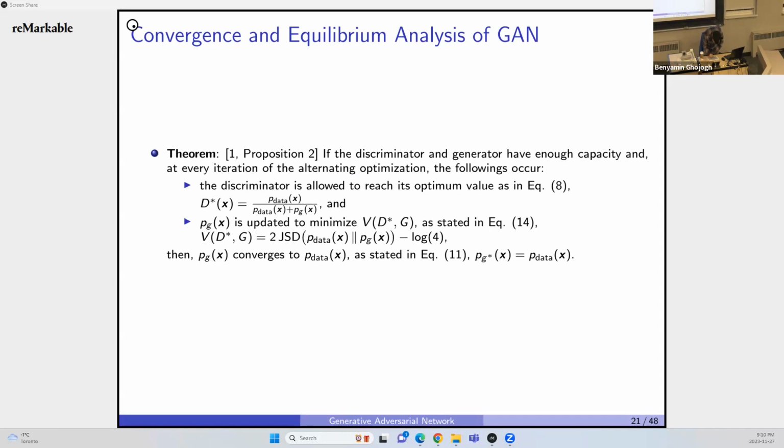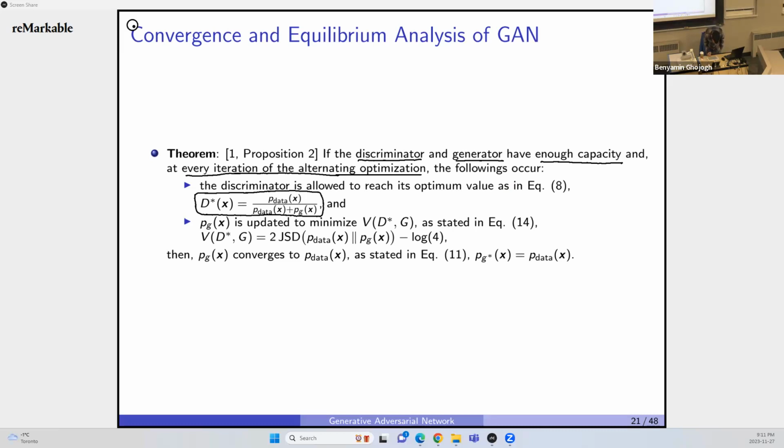If the discriminator and generator have enough capacity, for example, they don't overfit, and they have enough neurons and weights, and at every iteration of the alternating optimization, the following occurs. What happens? The discriminator is allowed to reach its optimum, which was this. This was the optimum D. Agreed? For a fixed G.